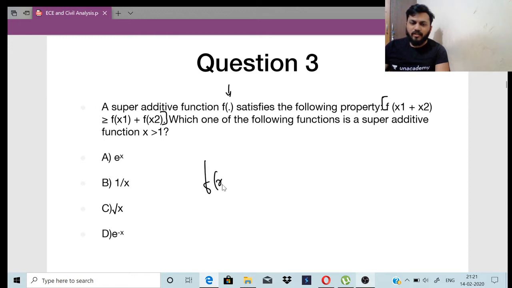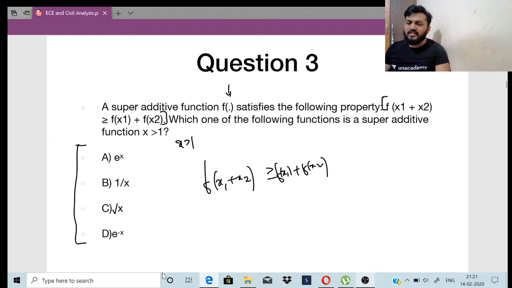Which one of the following functions is a super additive function if x is greater than 1? Yes, just go by the options.